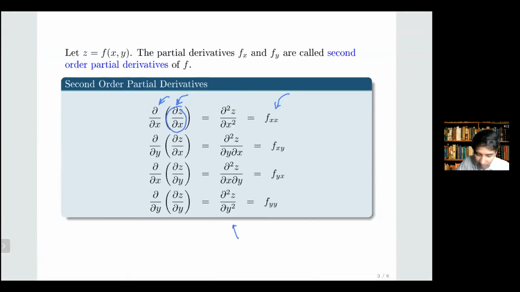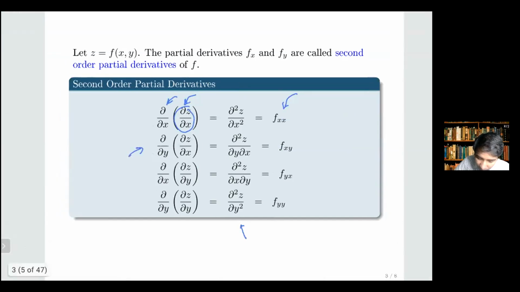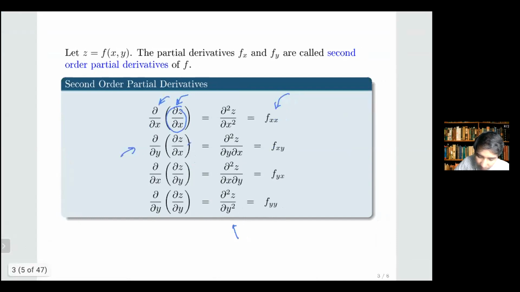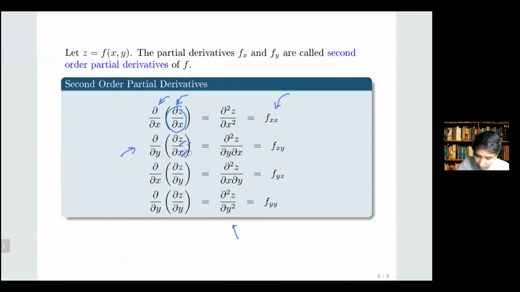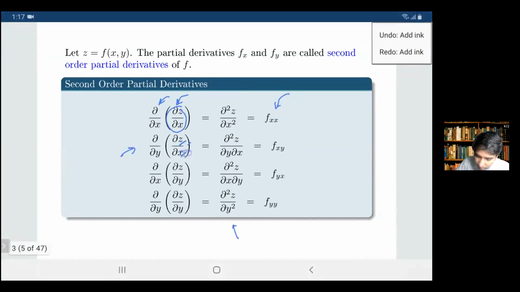Okay. So, ito halimbawa, anong ibig sabihin nito? So, you have a function z, tapos di-differentiate mo siya with respect to x. That's the first step. Okay. And then once you get this function, kunin mo na yung derivative niya with respect to y. So, that's the same as fxy.